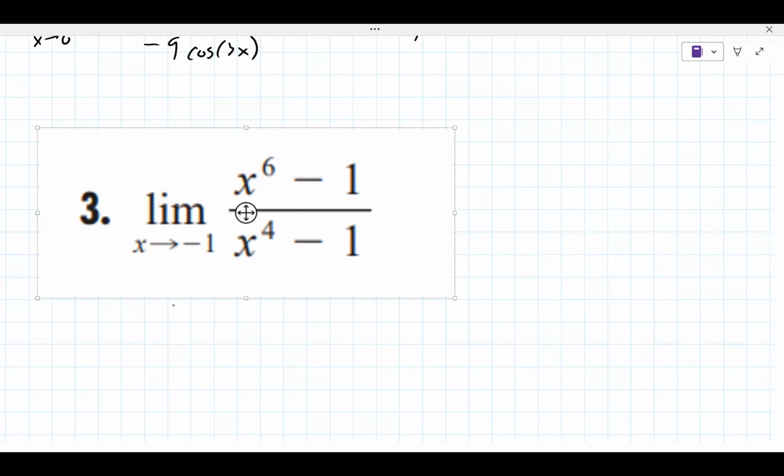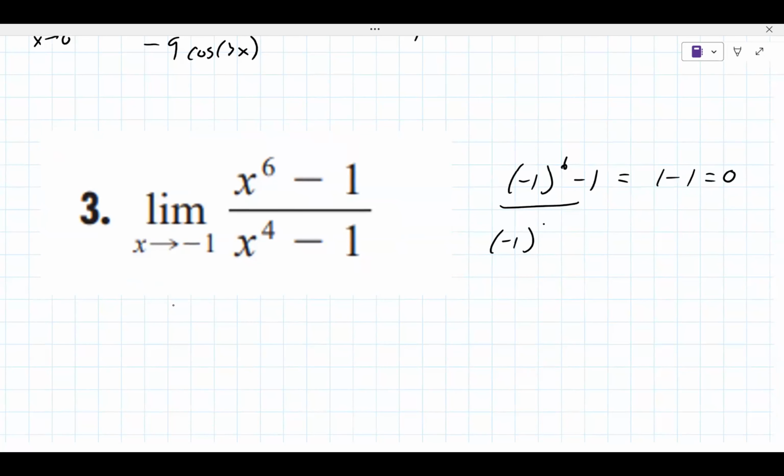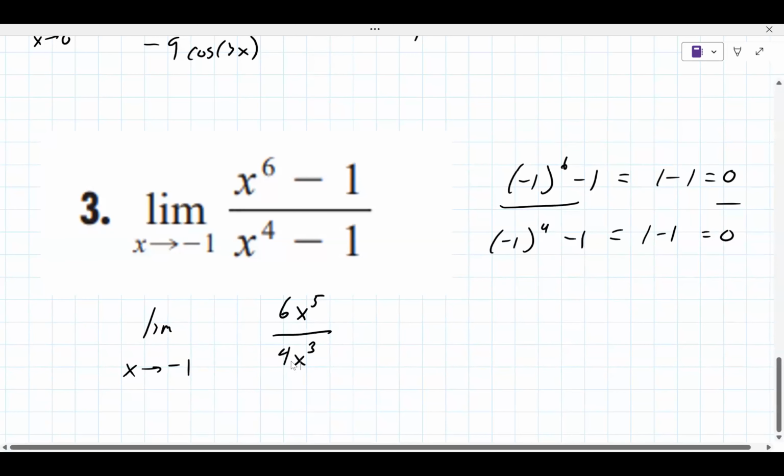So when you put in -1, you end up getting -1 to the sixth minus 1, which is 1 minus 1, which is 0, over -1 to the fourth minus 1, which is 1 minus 1, which is 0. So you get 0/0. Go ahead and proceed. Take your derivative and see what happens. Now, in this case, it's 6x to the fifth over 4x cubed. You are allowed to simplify.